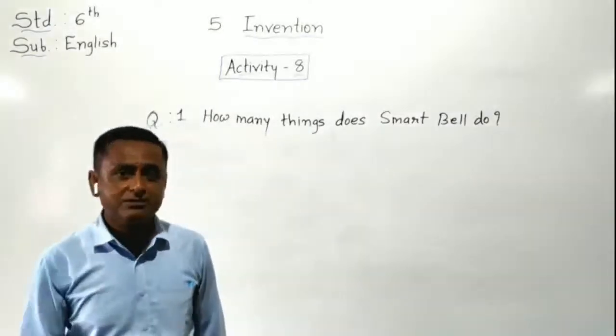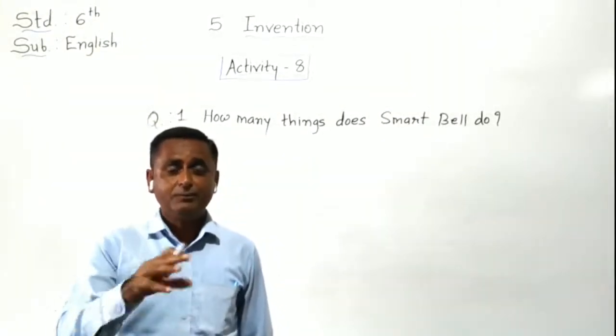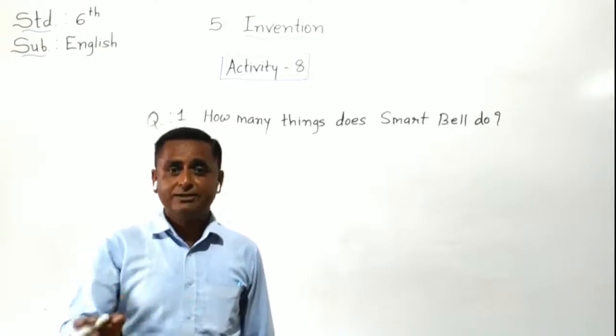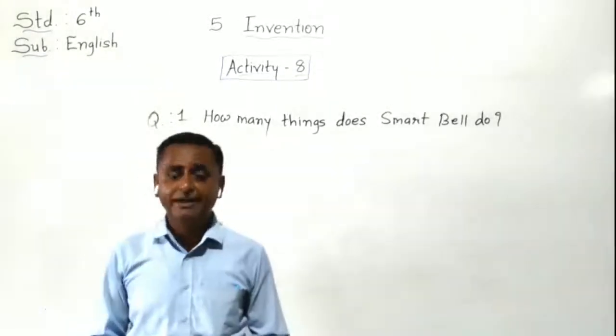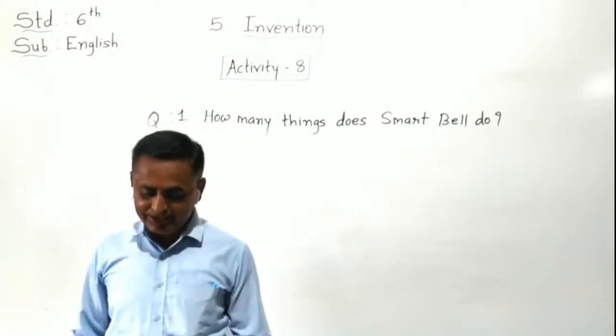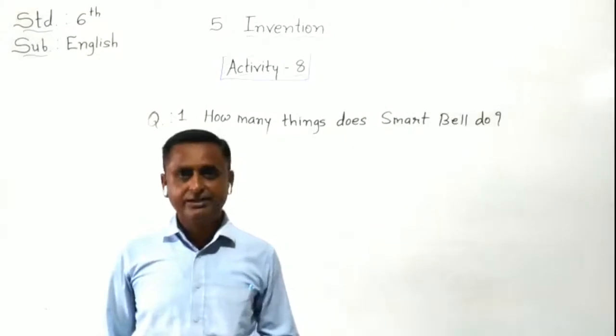We also discussed a new word, intercom. Intercom means one type of instrument we use in offices and houses. It creates the sound of an intercom, and the listener feels like somebody from the house is talking with him.